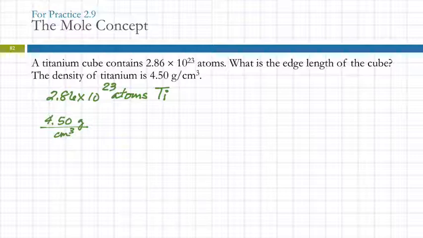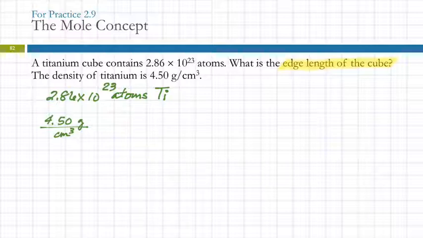What are we trying to find? Edge length of a cube. Okay. Well, what do we know about cubes and their lengths? The sides of a cube are all the same size, right?